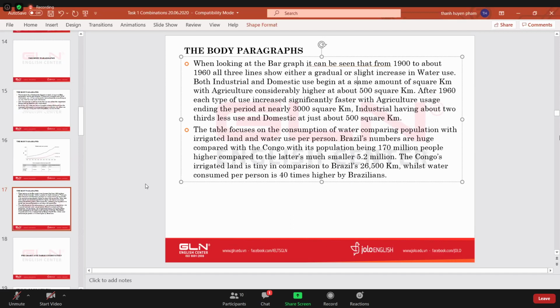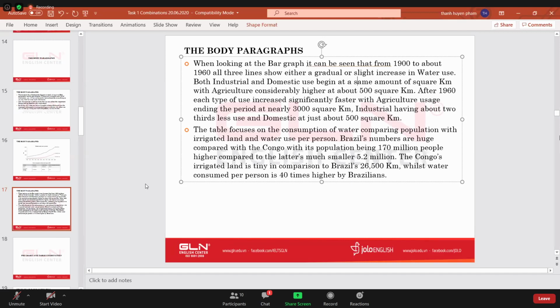So Brazil's numbers are huge compared with the Congo, so I've done a comparative expression, huge, with its population being 170 million people, higher compared with the latter's much smaller 5.2 million. So I haven't written that Brazil's population is 175 million. I've said what the difference is, and then I've used 5.2 million from the diagram.